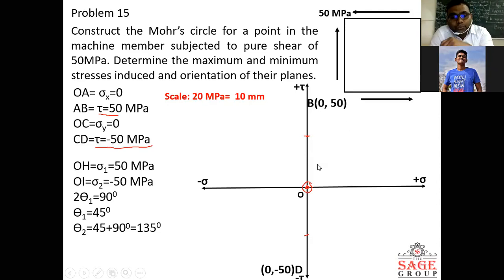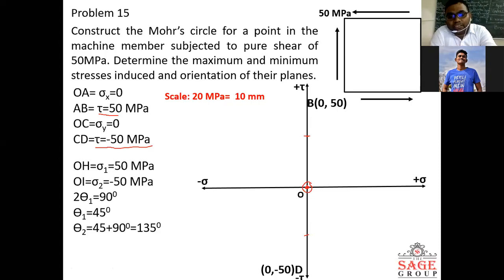Then you know how to get the center of the circle. The center of the circle is where the BD line intersects the x-axis. The BD line intersects the x-axis at the origin itself, so the origin itself is the center of the Mohr circle.